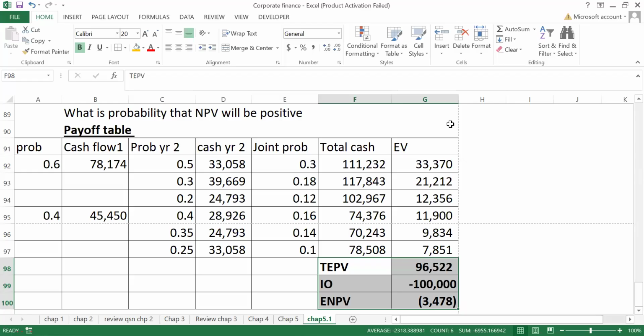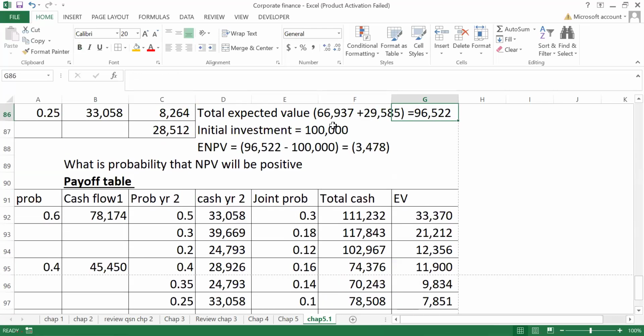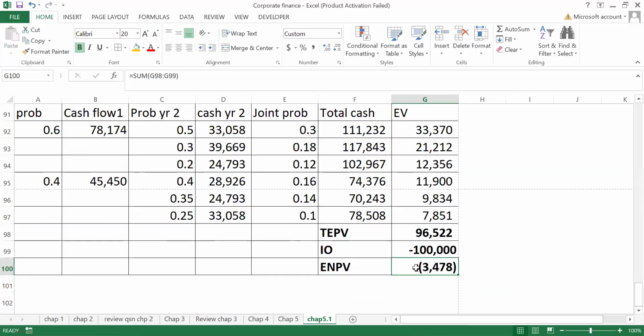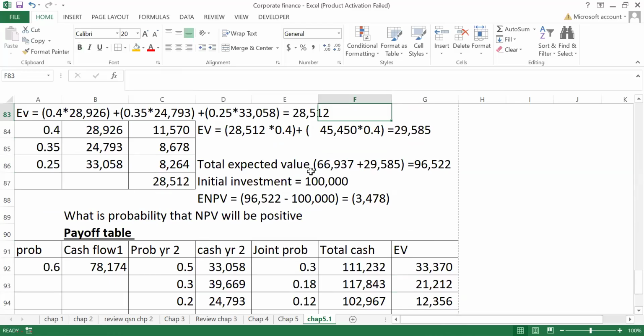Members have gone away. The two ways give the same answer. This is what we got in the first when we used the decision tree. In this table we add when the conditions are good and when the conditions are bad. Even in the other one we added. You check. All these were additions. We get this total.